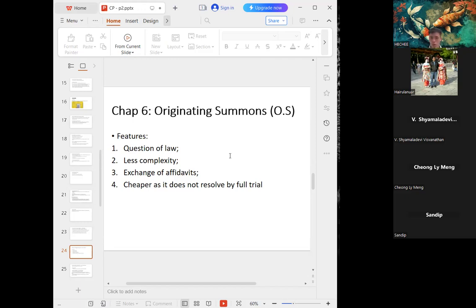Since this is a question of law, all you need to do is just exchange affidavits. In your affidavit, you serve it to the defendant, and the defendant also replies to you by way of affidavit. So this is an exchange of affidavits between the parties only. Since it's not going for a full trial, the cost will be cheaper.